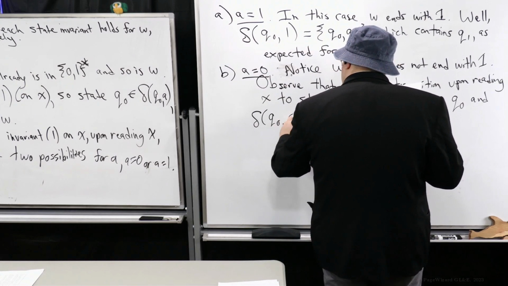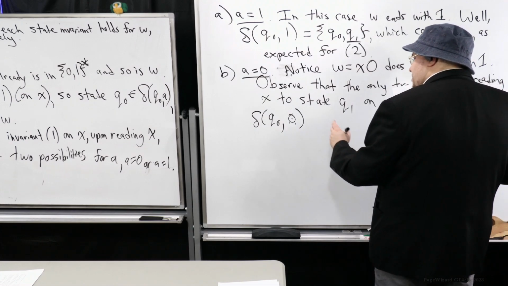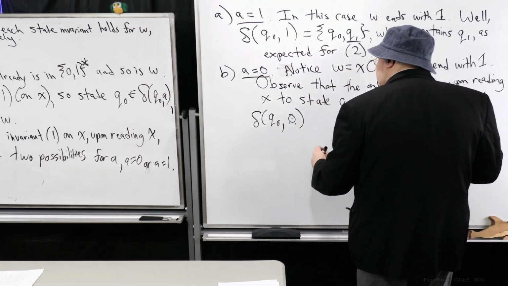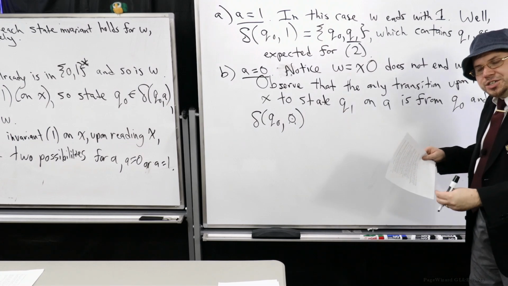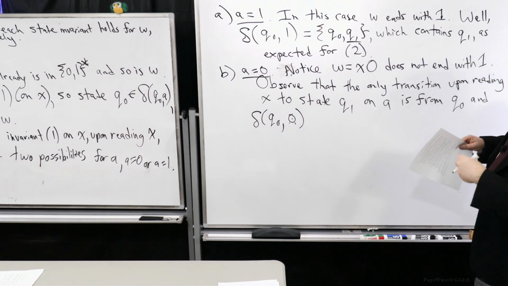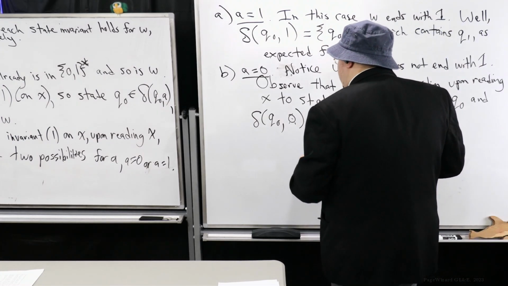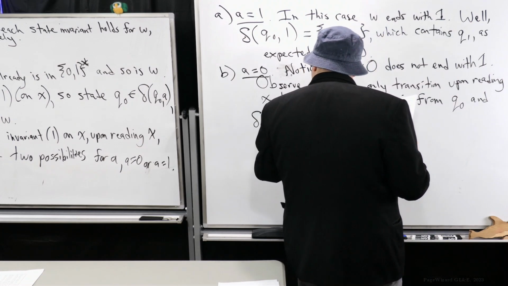on what? 0, not X, on 0, because we want to know where we're going. Like I said, we're trying to reverse engineer where we came from. We're using a specialized structure of the NFA to figure out where we could have possibly come from.